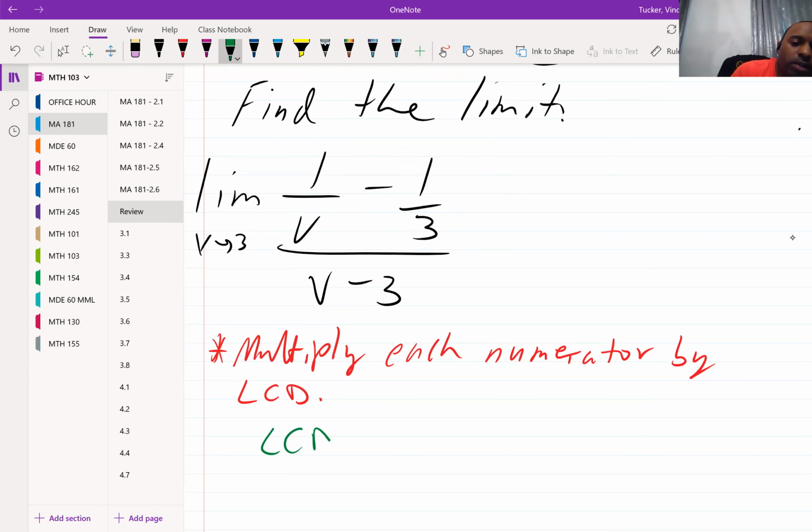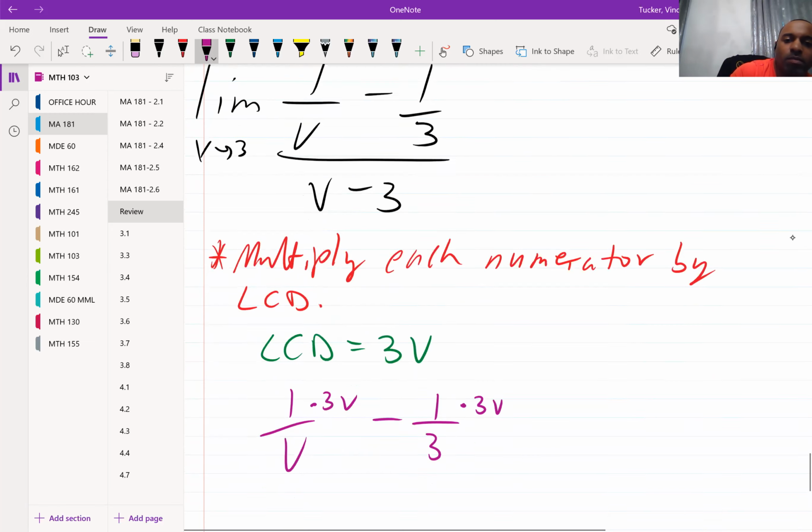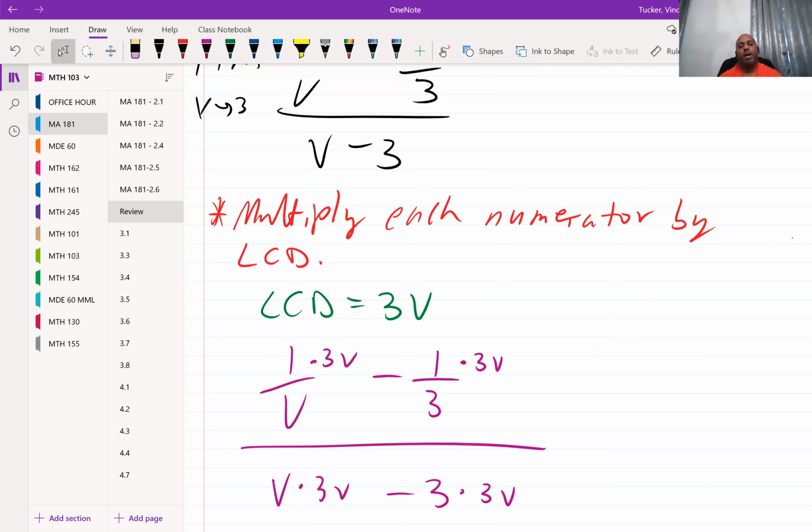The LCD is going to be 3v. So each term needs to be affected by that 3v, multiplying each numerator by the 3v.